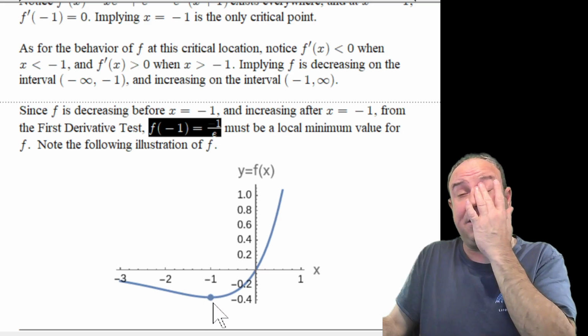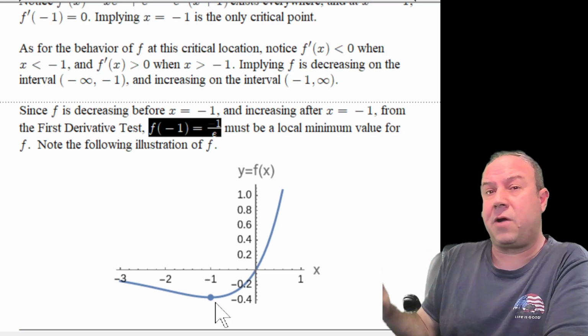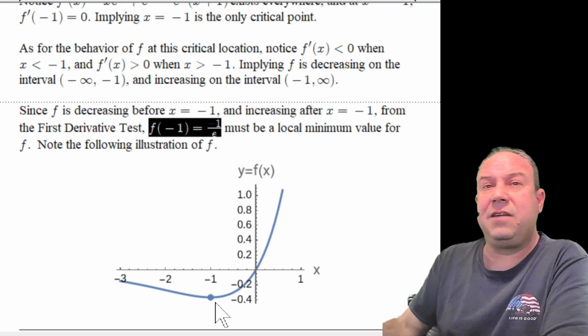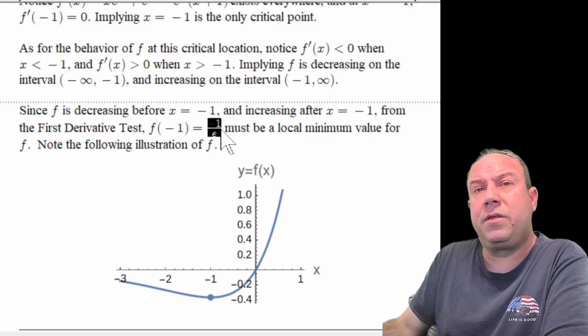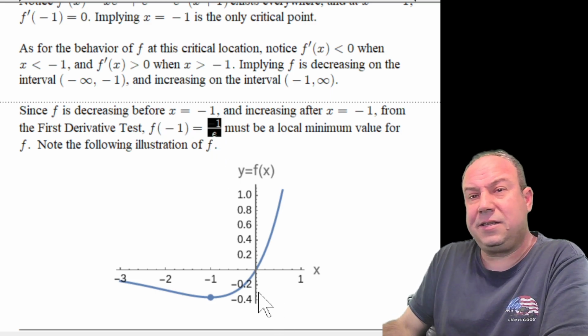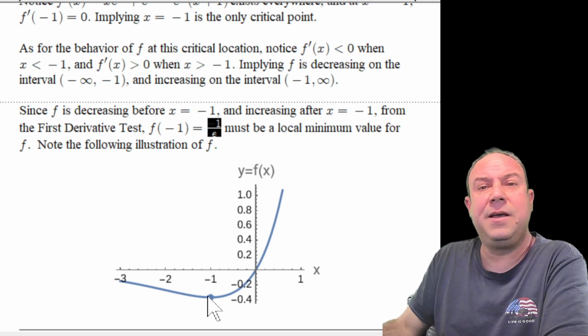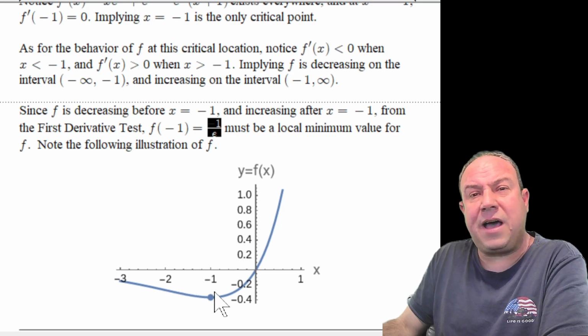Which means at that location must be where we have a local minimum value in its graph. Plugging negative 1 into our function, we end up with negative 1 over e. And that is the value seen here as the dependent value on the y-axis. It is the smallest dependent value relative to its location.